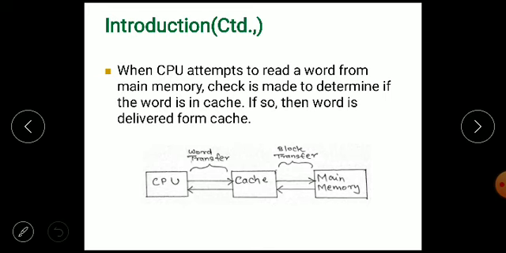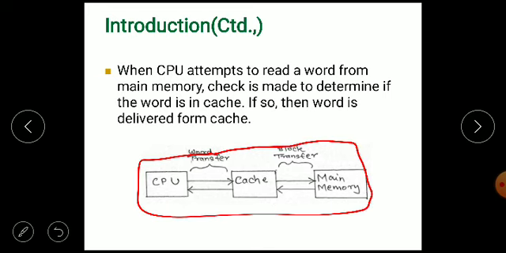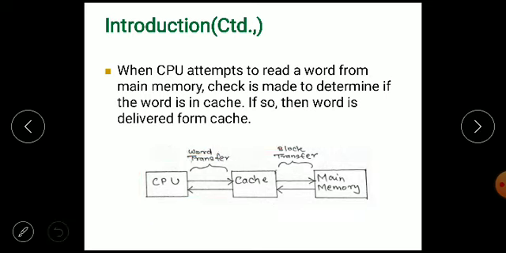This diagram shows the implementation of the cache memory in between the CPU and the main memory. The cache memory holds a part of the program from the main memory.